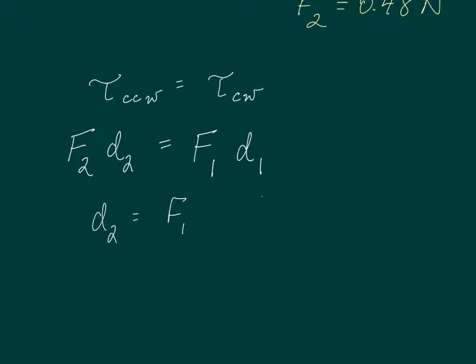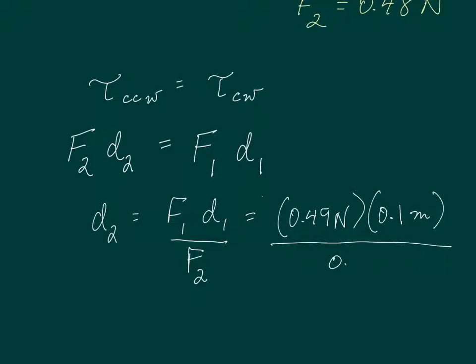So we're going to have F1 D1 divided by F2. Now we're just going to plug and chug here because we have all of these values, and we need to find D2. So we'll plug in all our values. We said that F1 was 0.49 newtons. D1 was 0.1 meters.